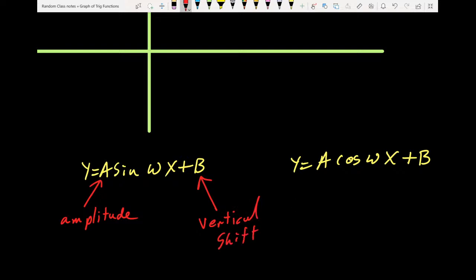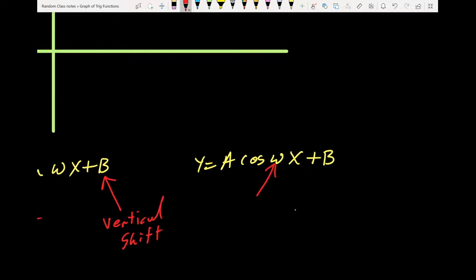Do you guys remember your Math 126? If you add or subtract to the function, if it's positive, it moves up. If it's negative, it moves down, right? That's exactly what we're doing over here. The hardest part is this omega. What is that? This omega helps you find the period.